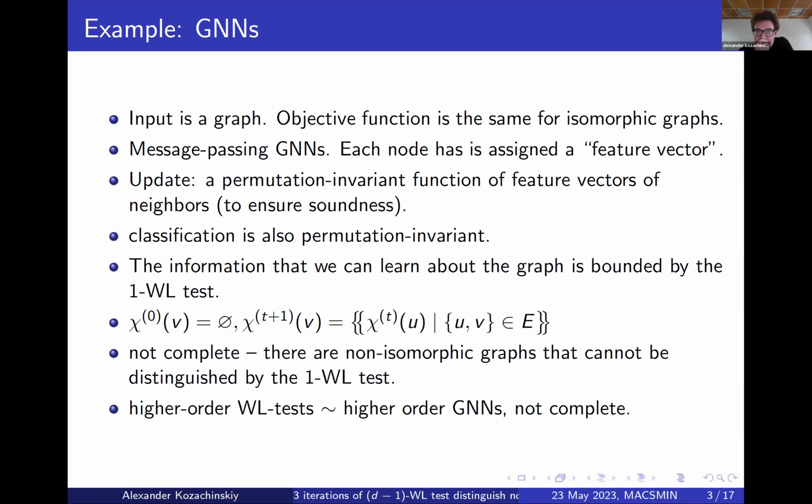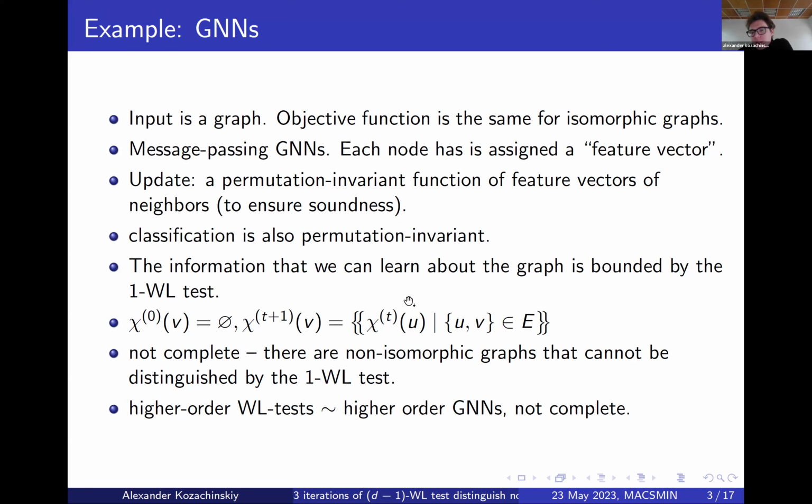I guess there is some confusion in this notation. Sorry, this double bracket means the multiset here. So in the beginning, if t is 0, there will be a multiset of chi 0 of u over the neighbors of v, right?